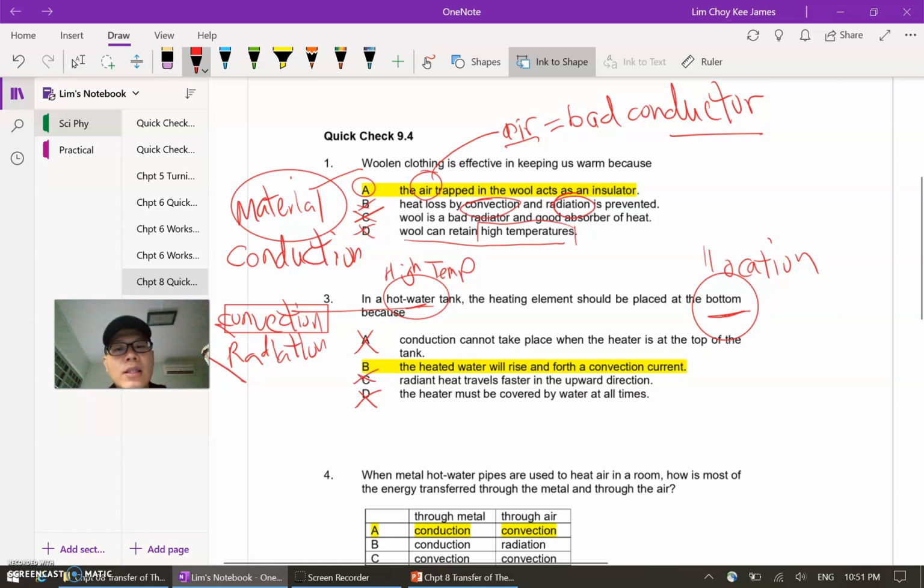From the question, you analyze that there is a high chance that the question is about convection. And true enough, B is one choice that talks about convection, whereby the hot water will rise and the cold water can sink, and it leads to the formation of convection current. That's how you narrow down on the answer to be B, convection, because of the clues given in the question.